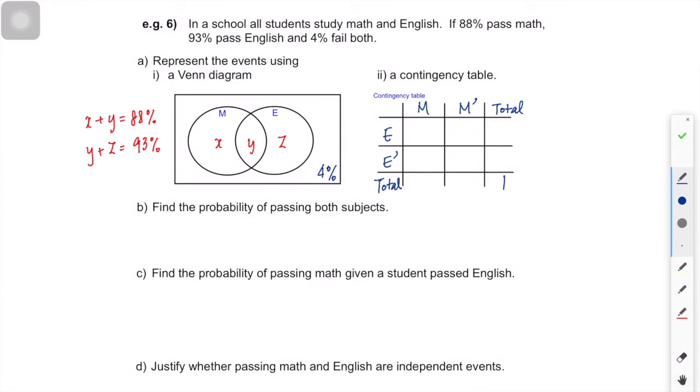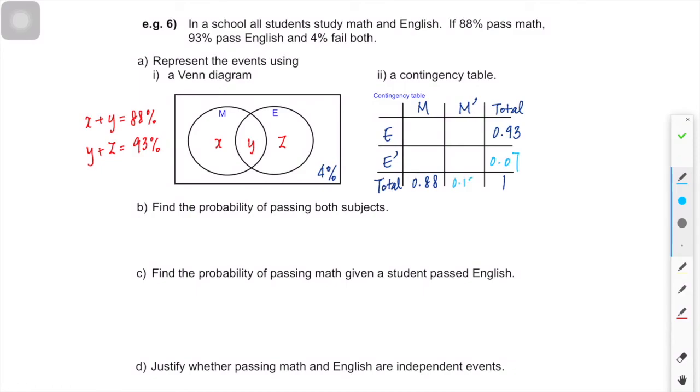I know that in total 88% of the students pass math, so this must be 0.88 as the total for the math column. Same thing with English, this must be 0.93. The advantage of using this visual is that each column or row total should add up to 1. I have 1 minus 0.93, which is 0.07.